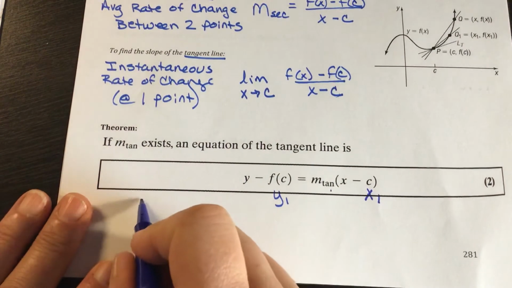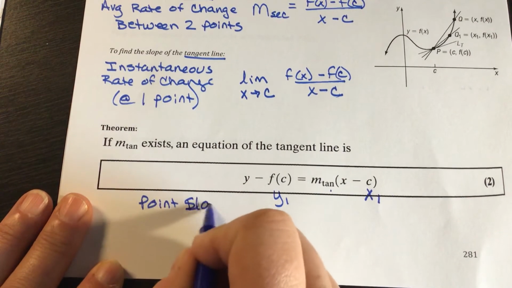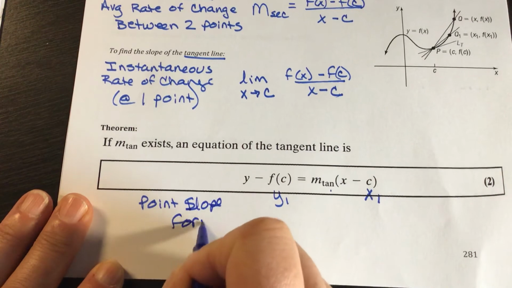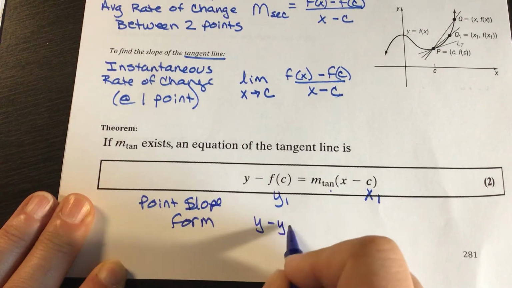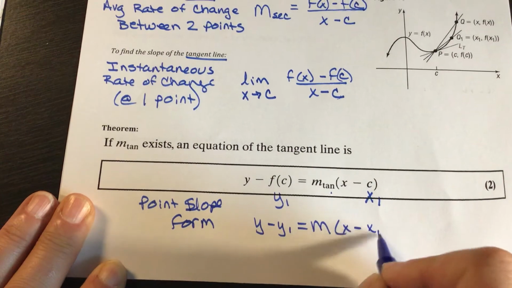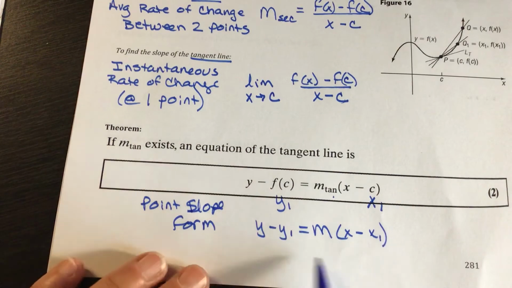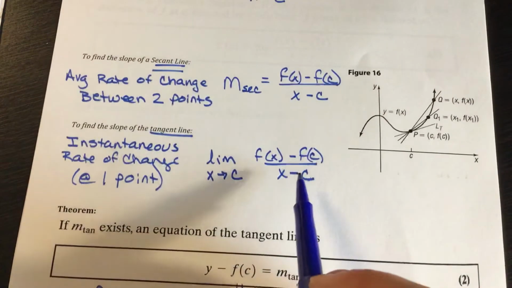So this is just point-slope form. Okay, y minus y1 equals slope times x minus x1. So this is really just algebra. Okay, so we're using algebra to do the calculus.